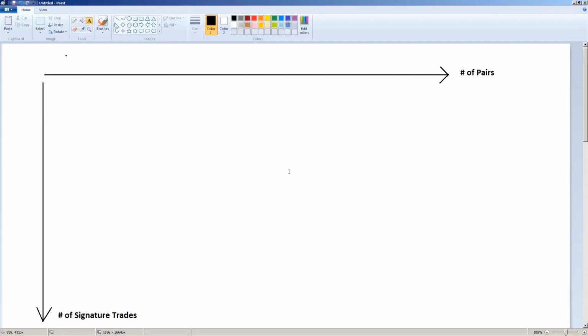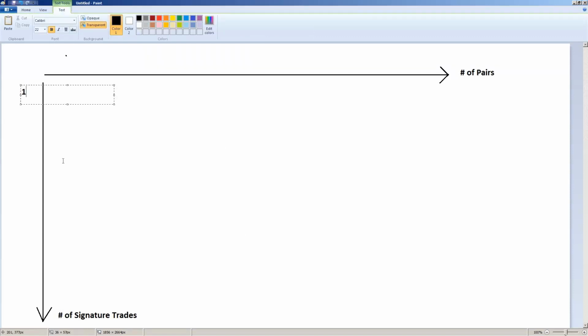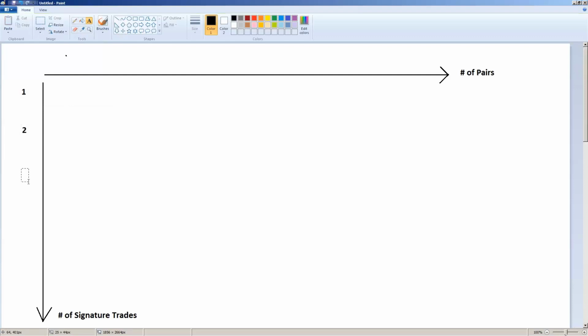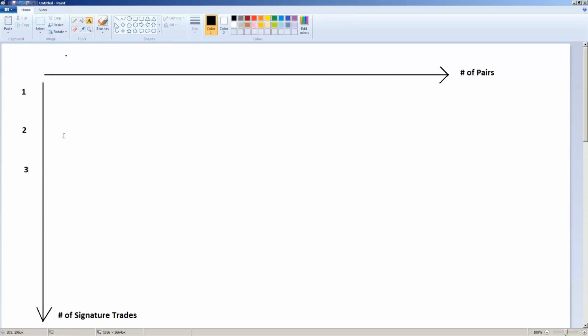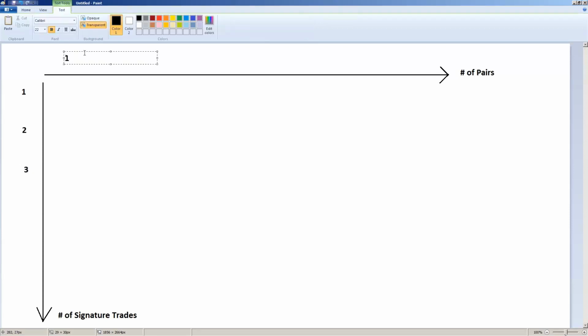Okay. So now, this will be kind of easy here. So 1 signature trade, maybe 2, maybe 3. I don't suggest you getting over 3 signature trades. If you do, you have to be very, very clear about what you're doing. So we'll just do a hypothetical there and leave 3. And number of pairs, obviously, you can start with 1 pair. All right.